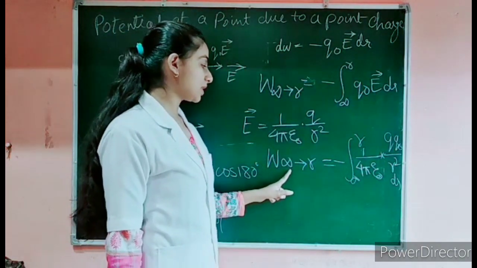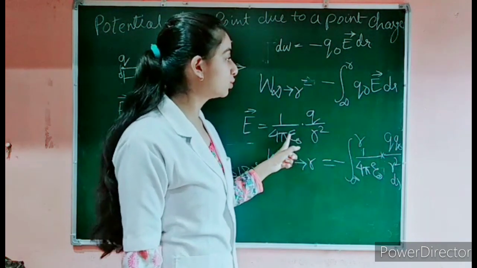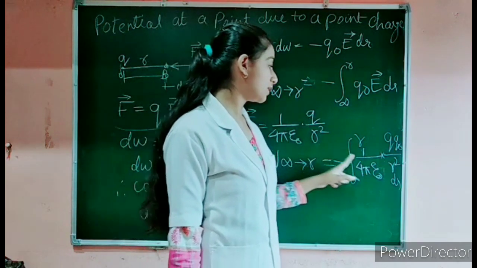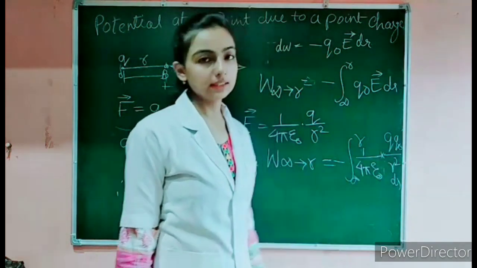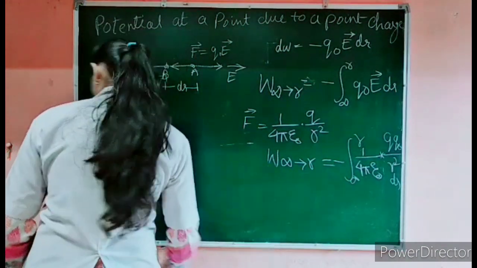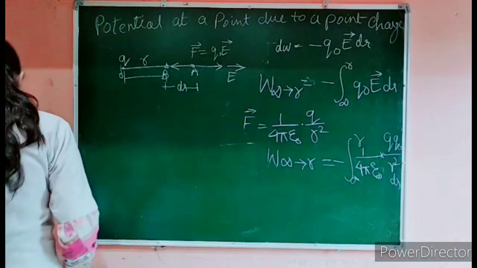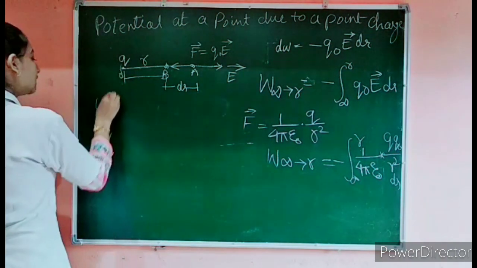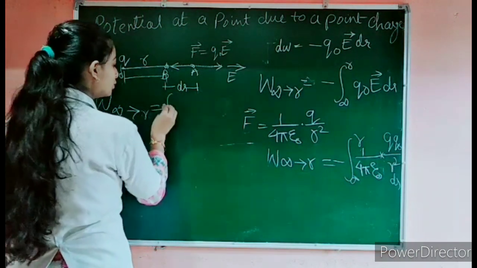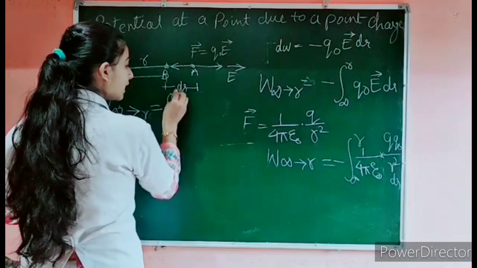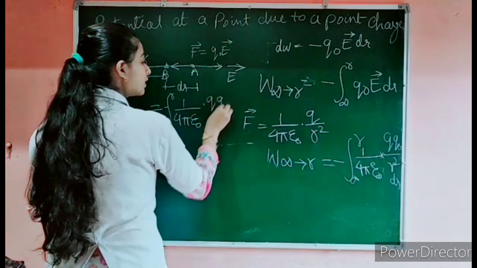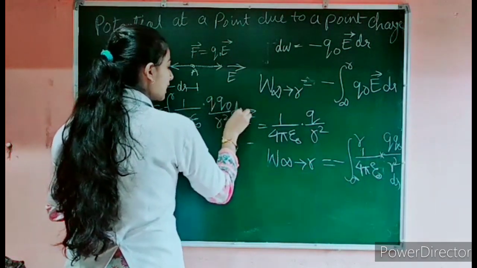Work done in bringing a charge from infinity to r will be equal to, in place of E we will put 1 upon 4 pi epsilon 0 Q upon r square into q0 dr. Now the work done in bringing a charge from infinity to r is equal to minus the integral from infinity to r of 1 upon 4 pi epsilon 0 into Q q0 upon r square dr.